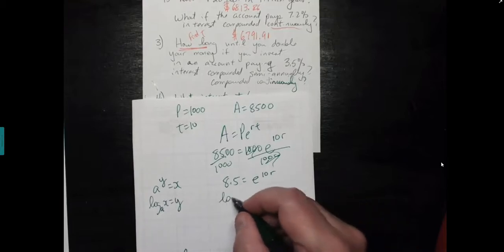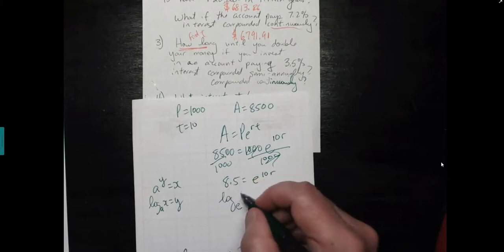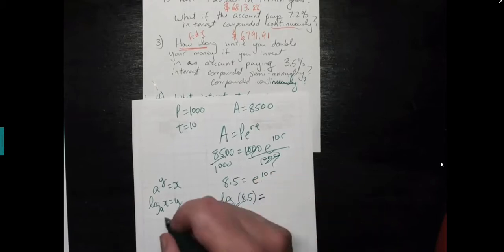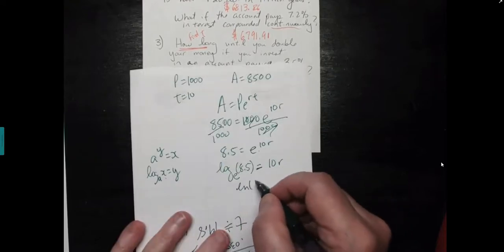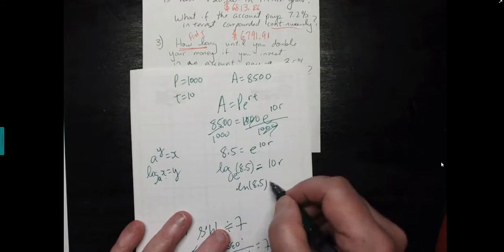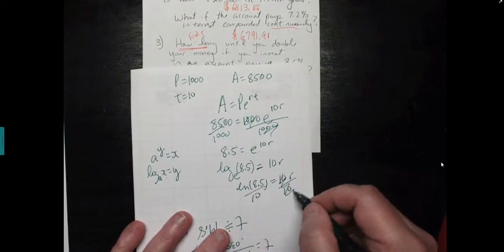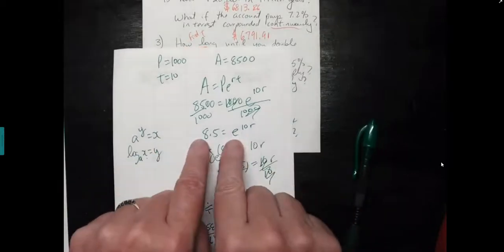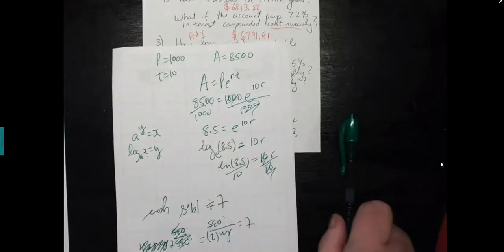So my base here would be e, and that would be my x inside there equals that. And so ln of 8.5 is that, and divide both sides by 10. And that gives me r. Or I could have taken ln of both sides and gotten the same thing.